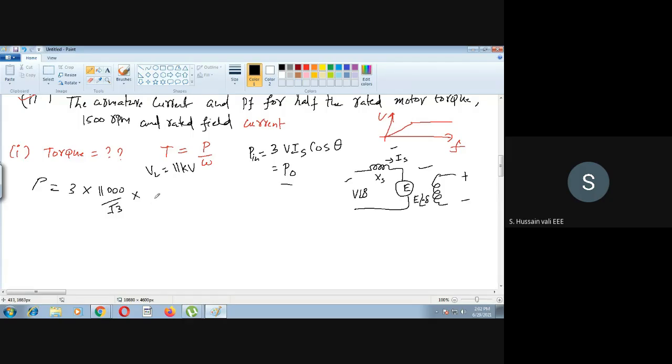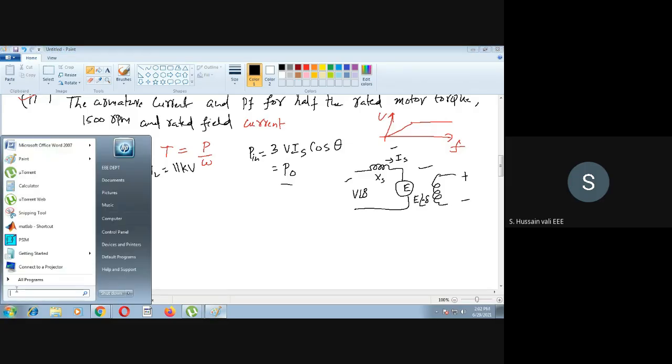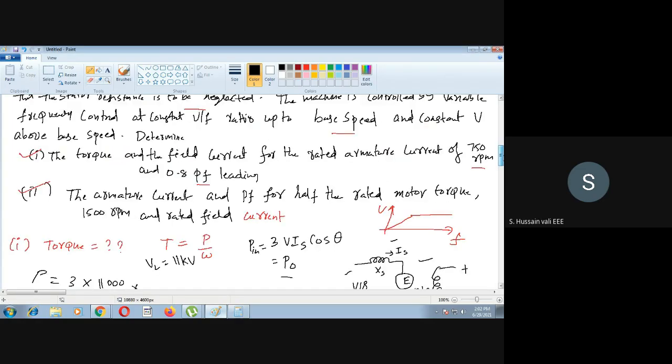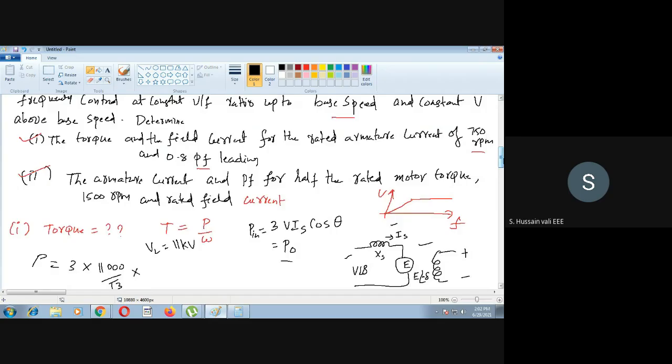Then you have to find out the IS here. Next we have the cos theta. What is cos theta here? He has given theta also in the problem.